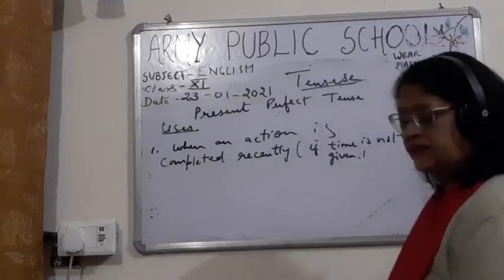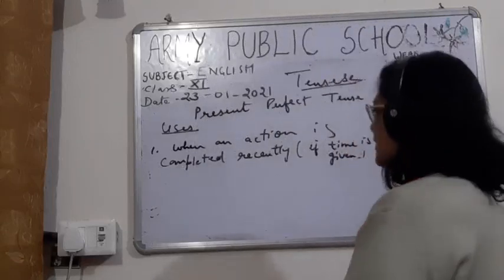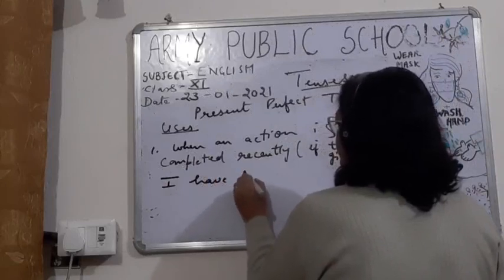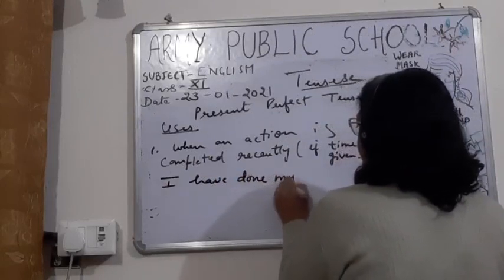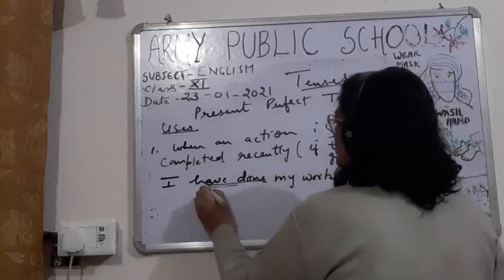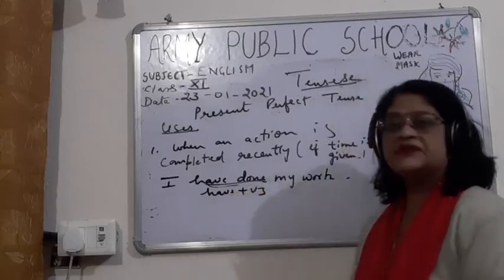So once again I revise. If time is not given, like I have done my work. Now here in this sentence, time is not given. So have plus V3. This is present perfect tense.